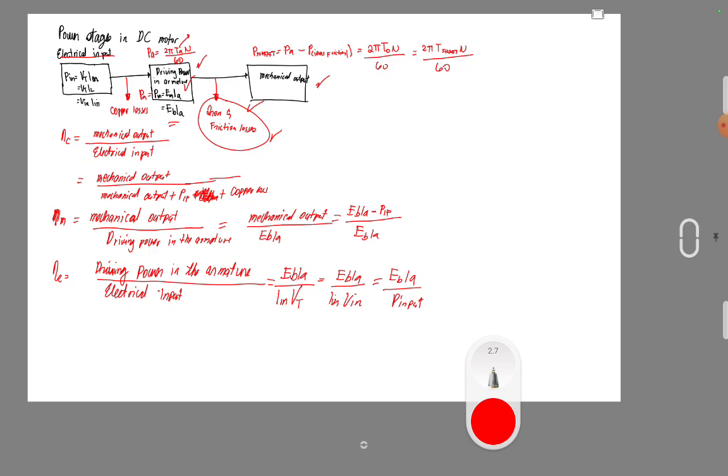This is equal to our electrical input minus your copper loss minus your iron and friction loss, divided by your electrical input, which is equal to your V in multiplied by your I in.